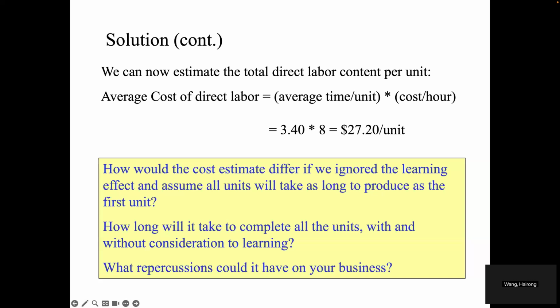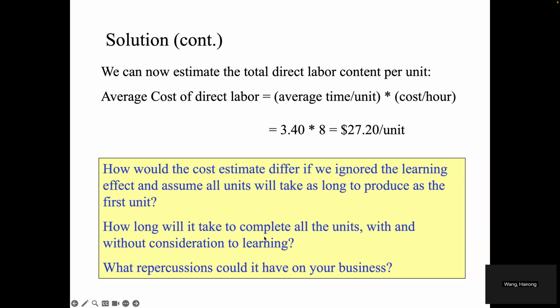By calculation, we can know that the estimated cost per unit equals 48 if we ignore the learning effect. So we can see the estimated cost per unit compared to 27 is a much higher cost estimate because it does not account for the expected reduction in time per unit as production experience increases.